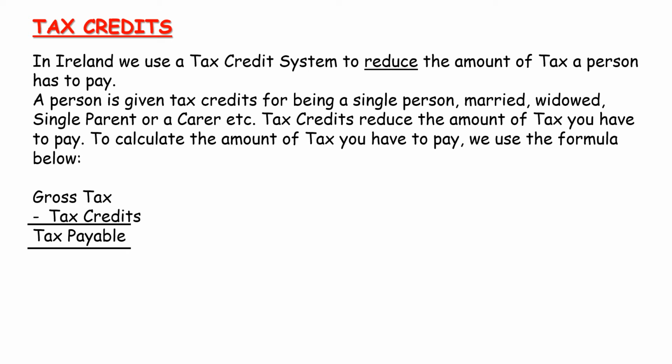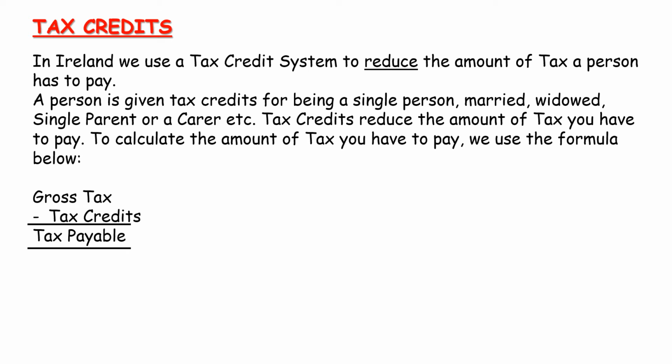A great way to think about tax credits is that it works like a voucher. Imagine that you have been given a voucher to go against your tax. So if you went into a shop to buy a top and it was €40, but you had a voucher for €10, you only end up paying €30. The same thing happens with tax credits.